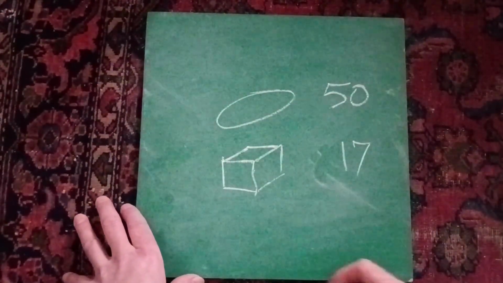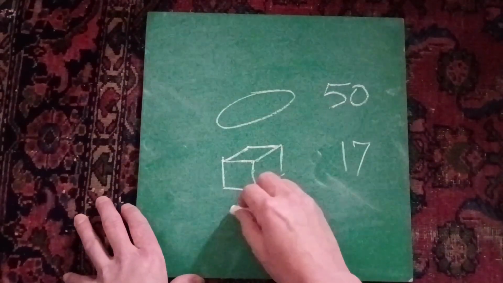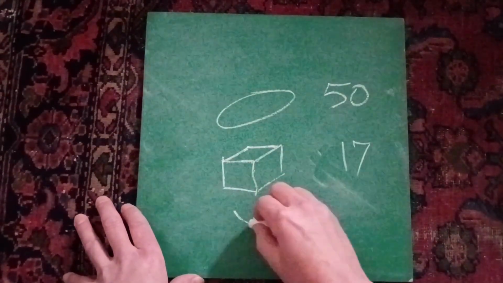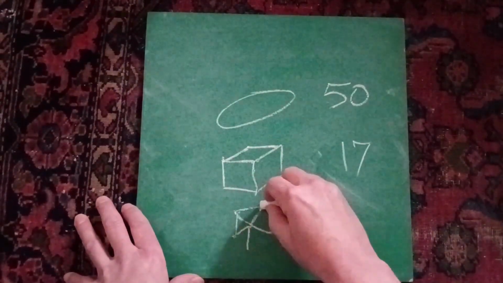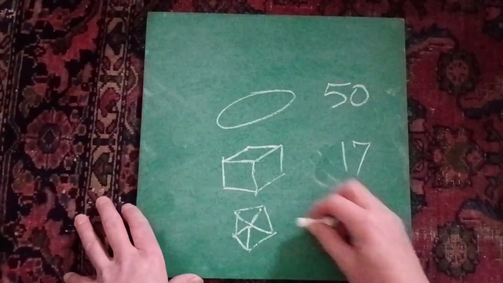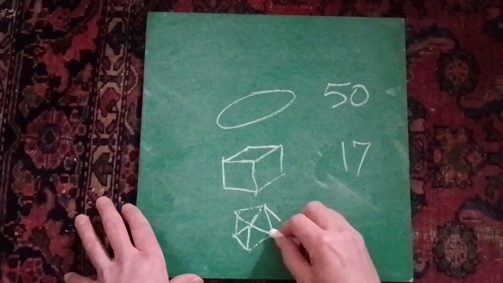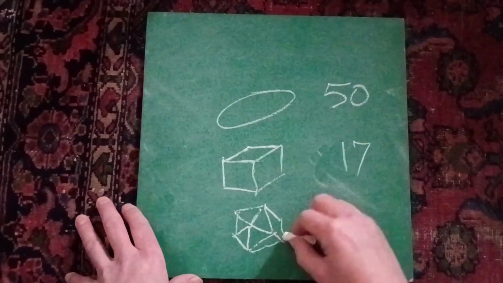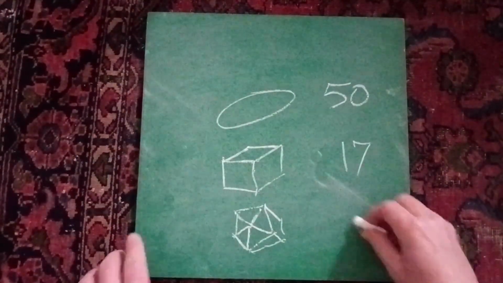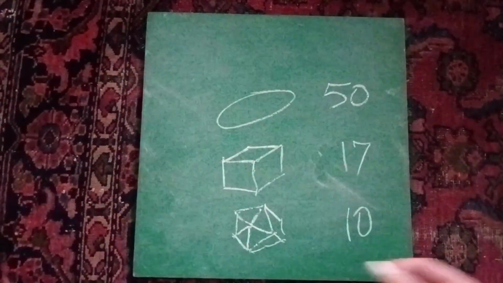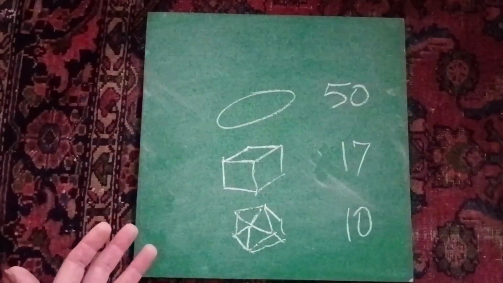If you have a 10-sided die, it's going to look like that, and then two of those. It's a tough thing to draw, I guess, but if you have a 10-sided die, that means you have a 10% chance that it's going to land on any side.